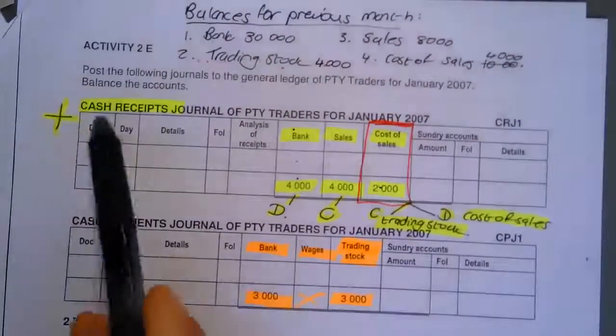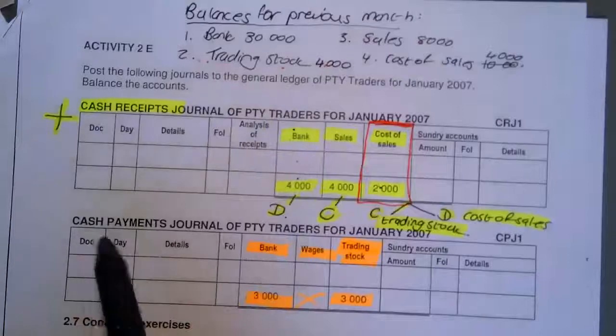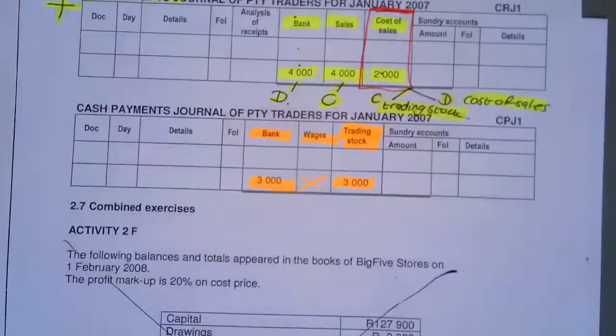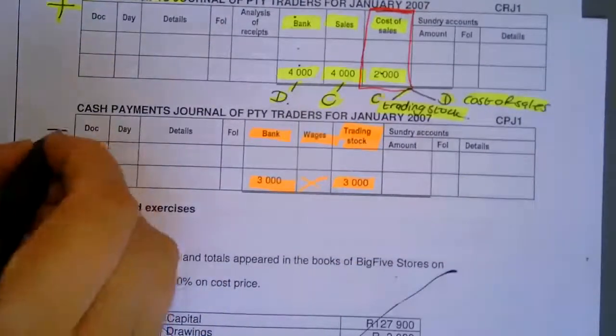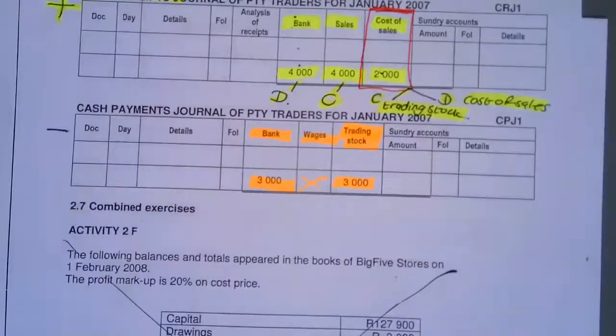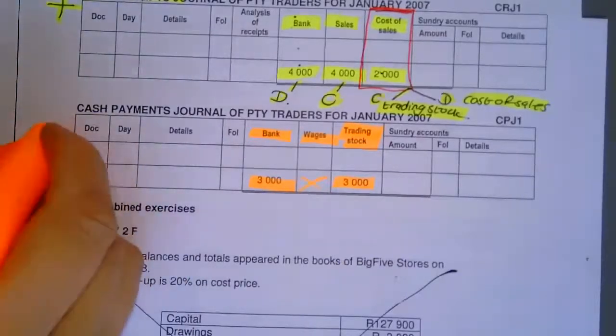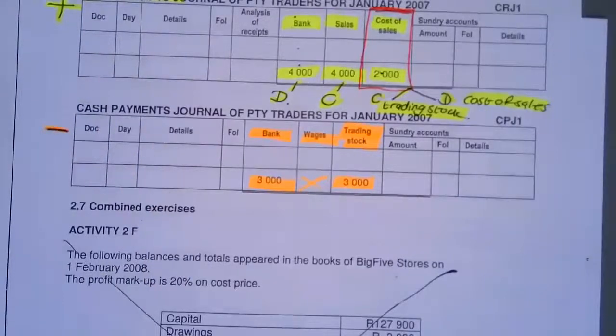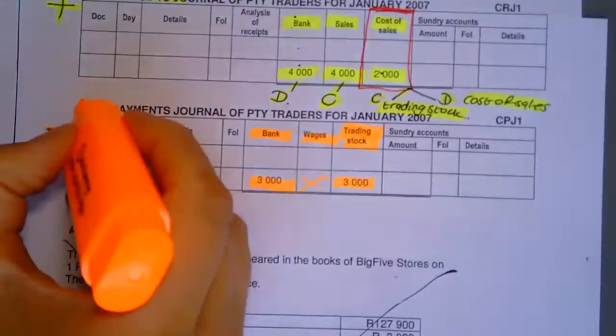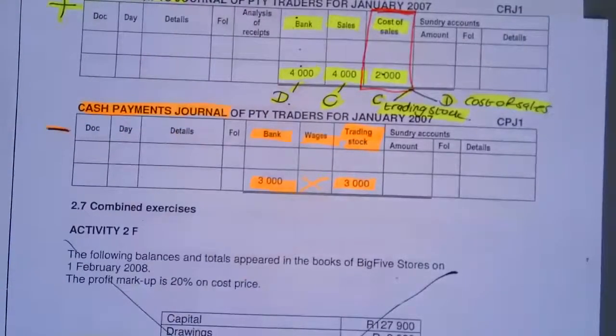So we are busy with the cash receipt journal. Now we're going to look at the cash payment journal. In the cash payment journal, we lose money. When we lose money, bank is credited. Why? Because bank is an asset, debit plus, credit minus. And this is the cash payment journal, so bank is losing money, minus.